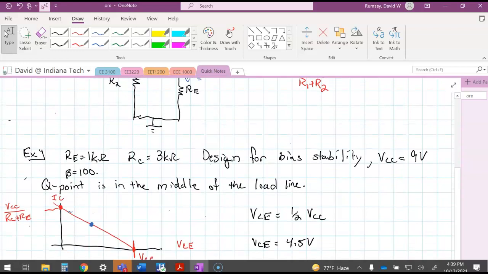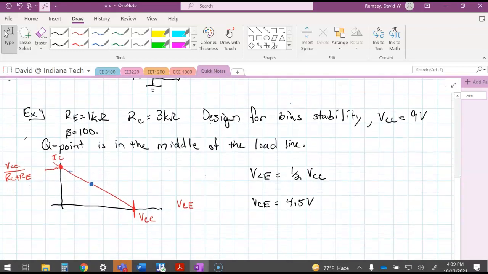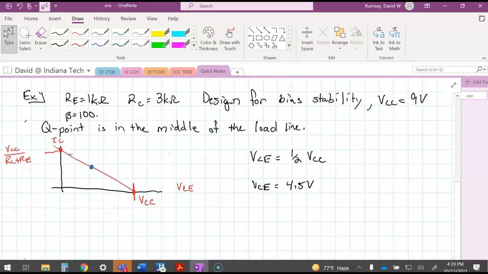So we have RE being 1 kilo ohm, RC being 3 kilo ohms, and VCE is 4.5 volts. I know that 4.5 volts is VRC plus VRE, which is technically IC times RC plus IE times RE.